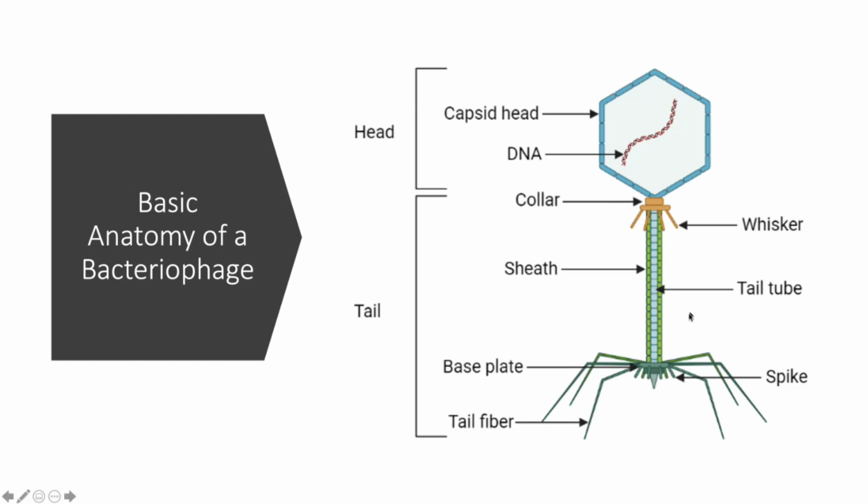The head is anchored to the tail by this collar, and then the tail mostly consists of a sheath that contains the tail tube by which the bacteriophage can inject its genetic material into the bacterial cell. And then you have these tail fibers and spikes, which are essentially receptors that it uses to anchor itself onto the bacterial surface.